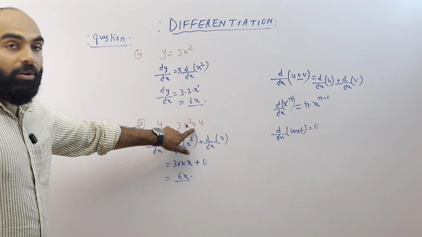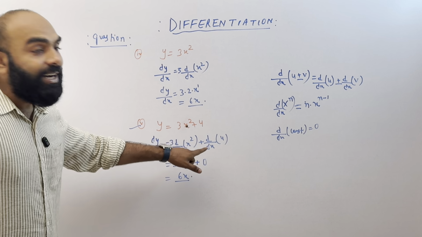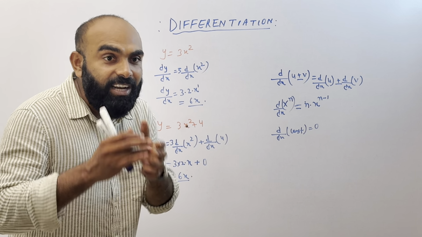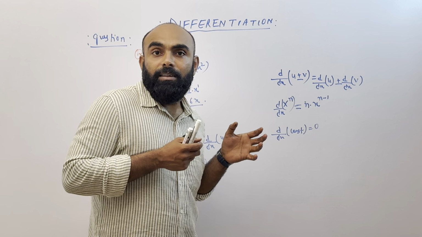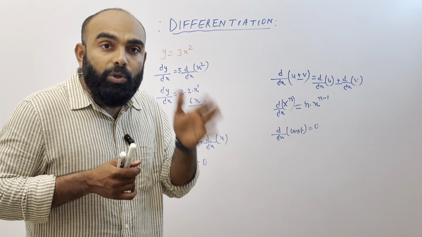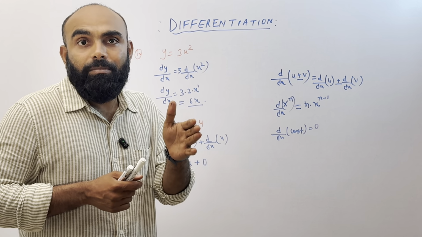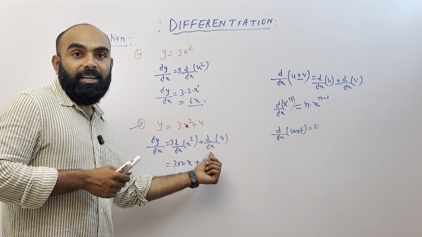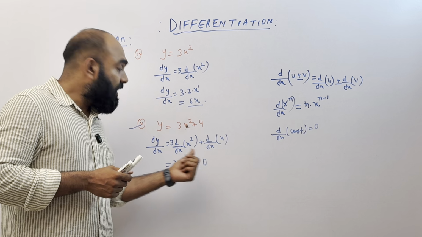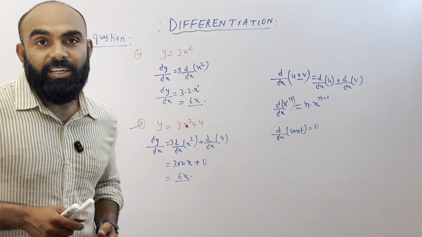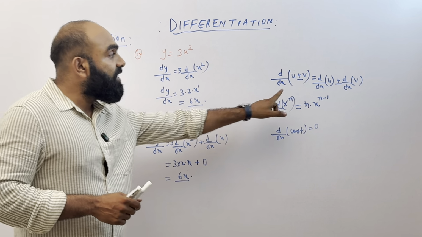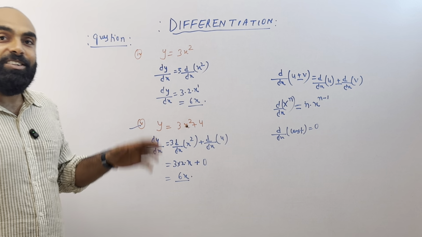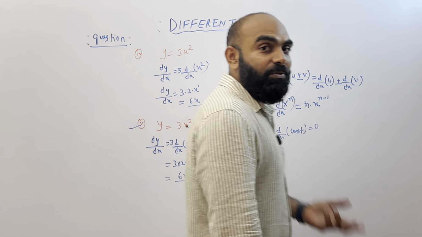If a constant term is in plus, I will write plus d by dx of that constant term separately, because since plus is there, differentiation is going to be distributed. Minus will also distribute: d by dx of u plus and minus d by dx of v.